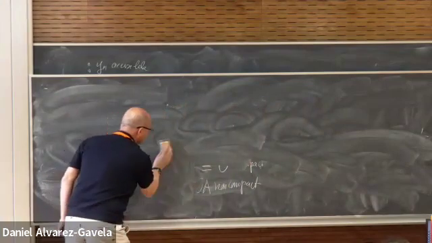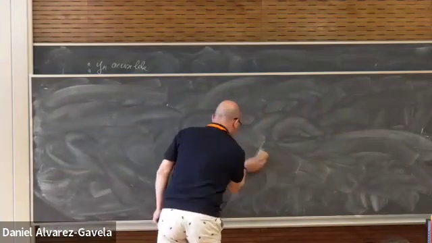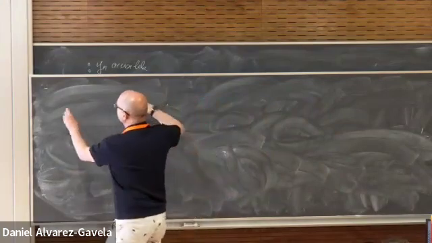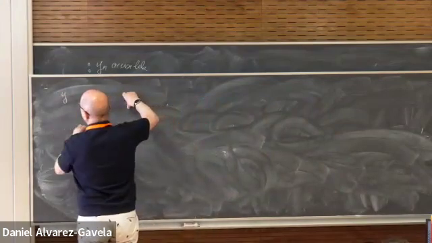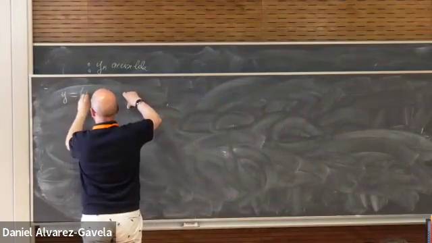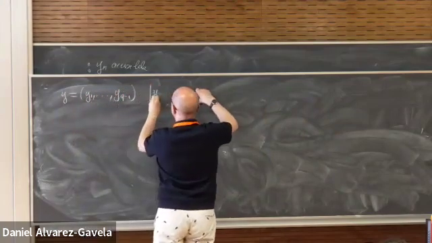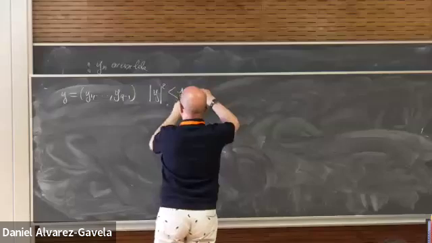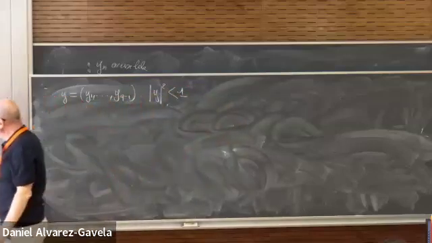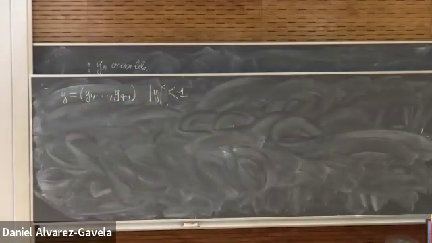Namely, take some value of y with norm less than 1, which will correspond to this vertical slice, y equals constant.